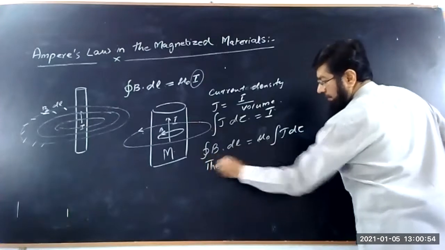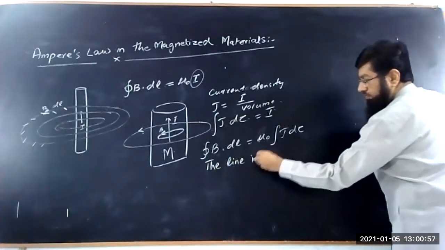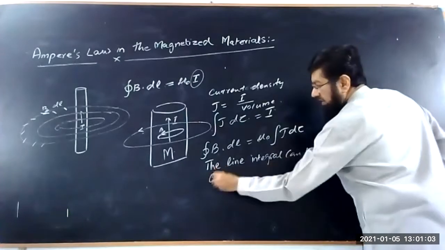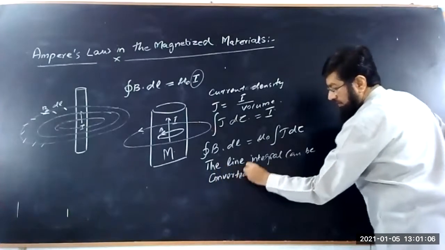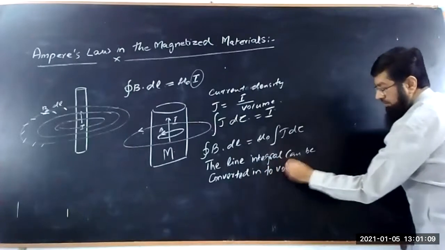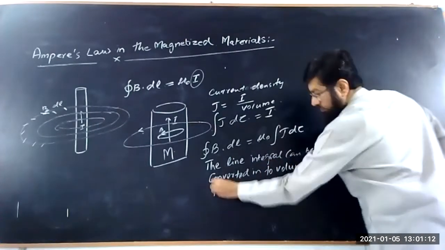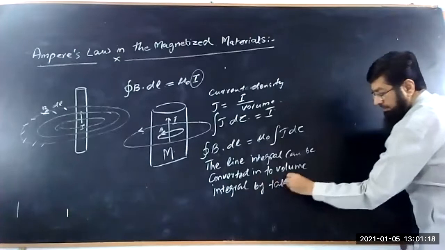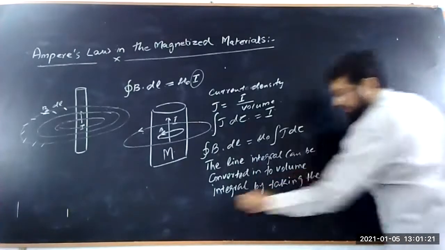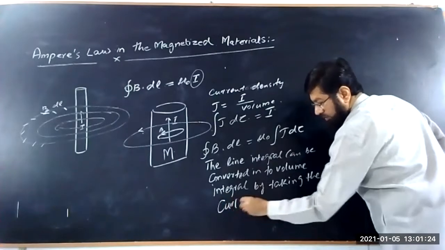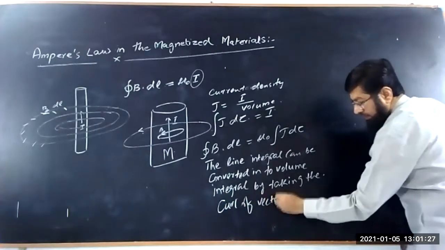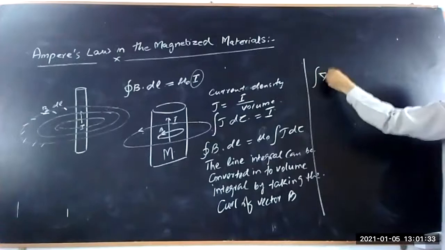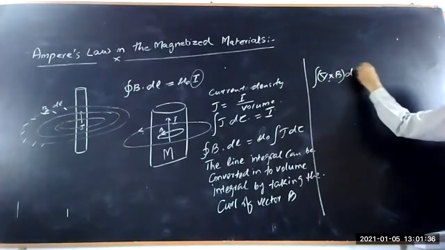The line integral can be converted into a volume integral by taking the curl of vector B. So with the curl of vector B, this line integral is converted into a volume integral.